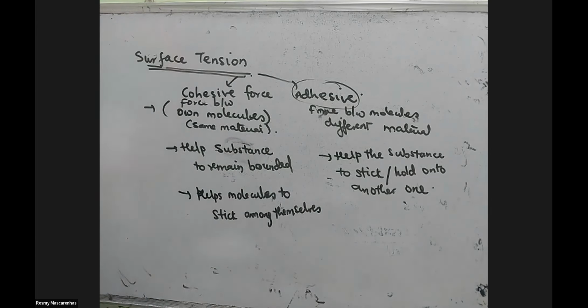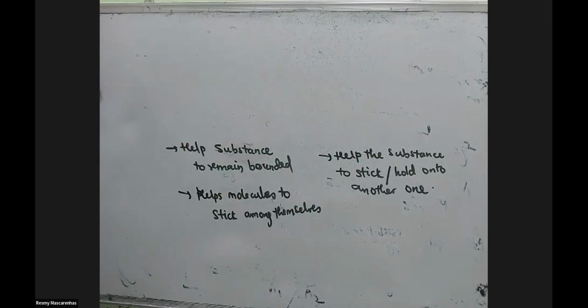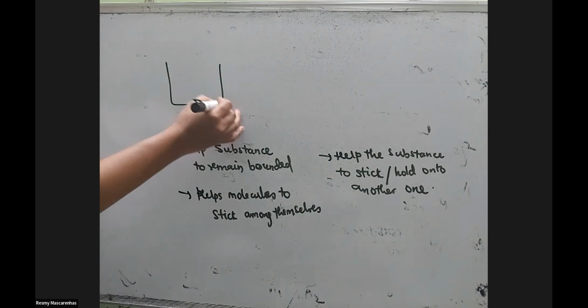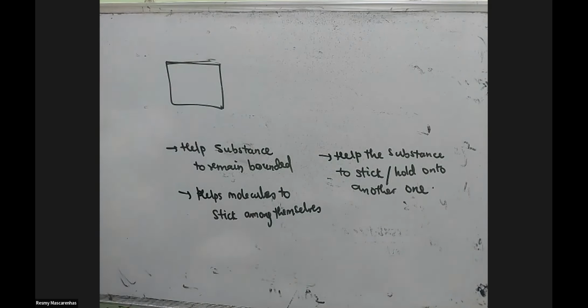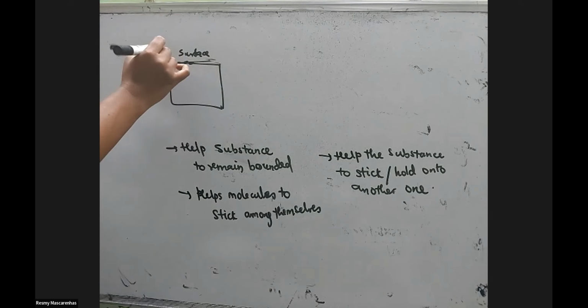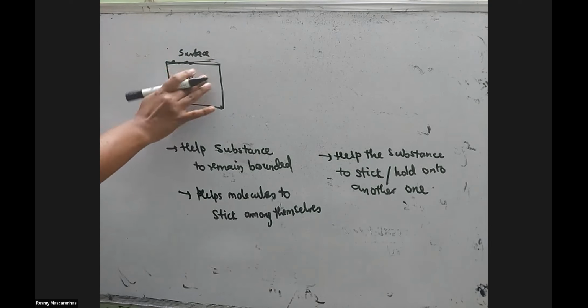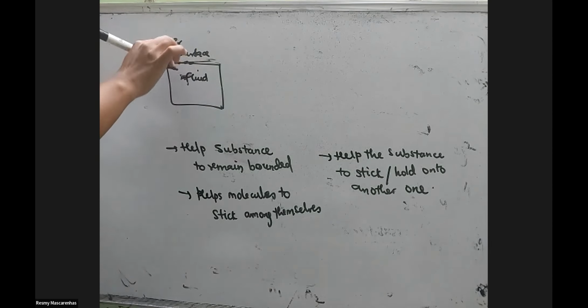So based on this, what is surface tension? If you have a glass with some liquid, there are water molecules here, and this is a surface. There's a different material here, because inside it is all fluid, and on this side there is air. So these are two different substances.